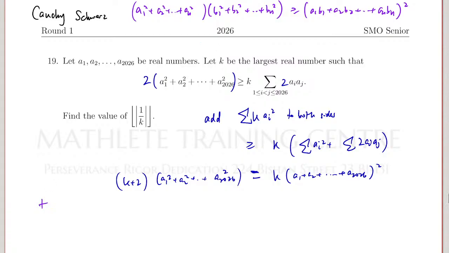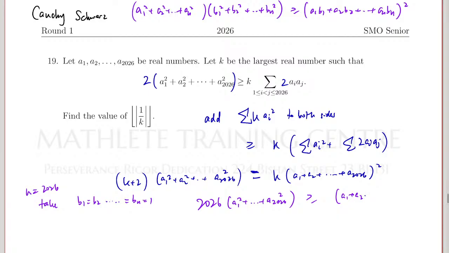So here, for example, if you take b1 equals b2 equals bn equals 1, you can just get that. And also, I want to take n to be 2026. And then what I have is just 2026 times the sum of squares will be at least the square of the sum. This is what we have.